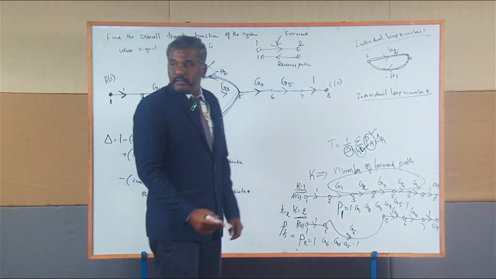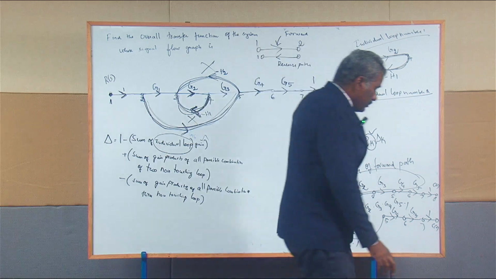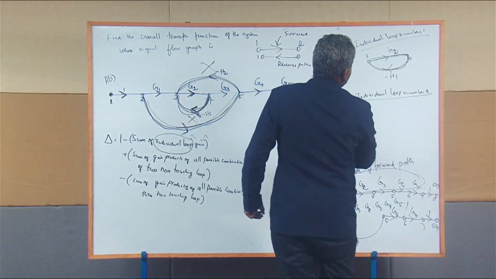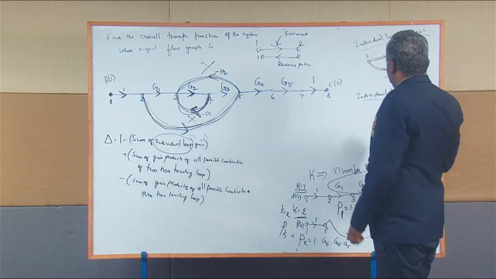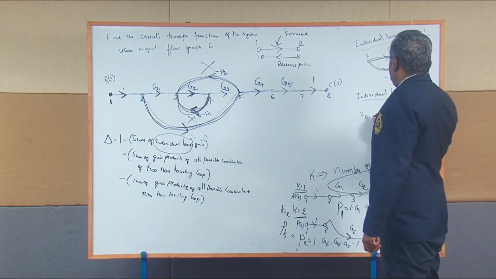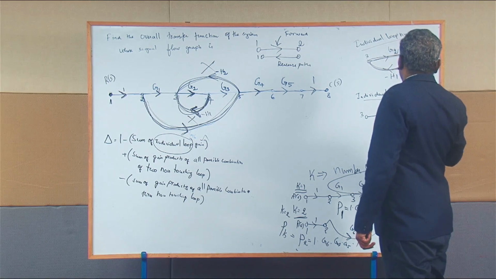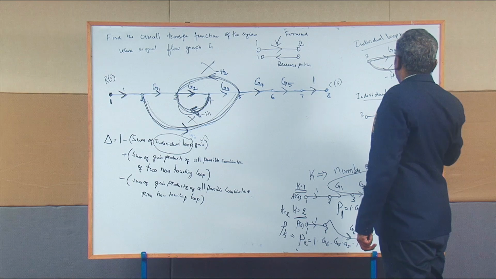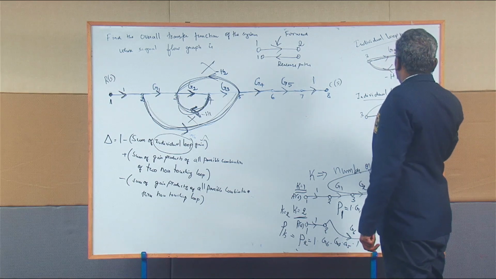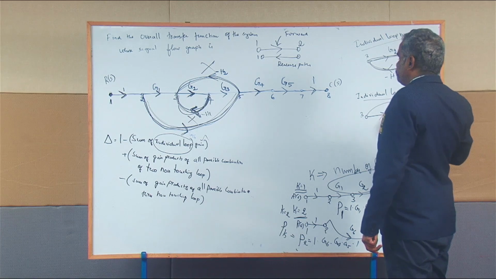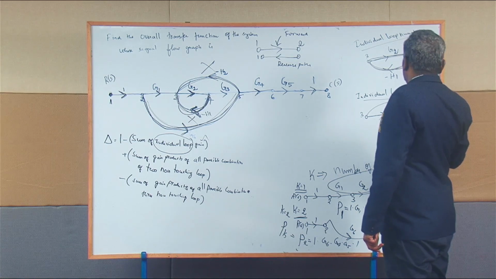So this is the next closed path, the next individual loop, with gain G2, G3.